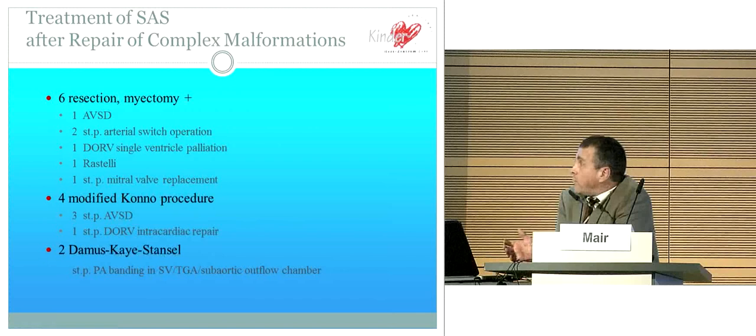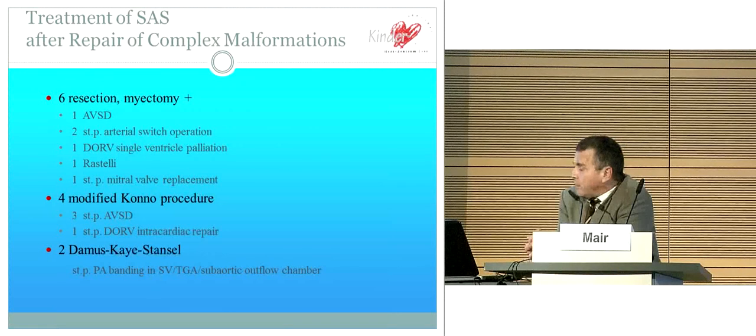This was done in 1 of the AV canal patients, in 2 patients after an arterial switch operation, and in 1 patient with DORV after a single ventricle palliation. The Rastelli patient was also referred from another institution. It was not our initial Rastelli. 1 patient had a resection after status post-mitral valve replacement in the first year of life.